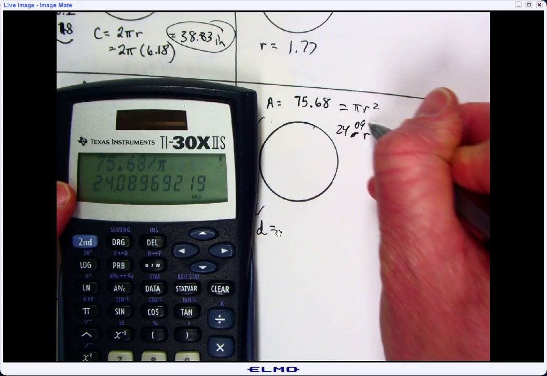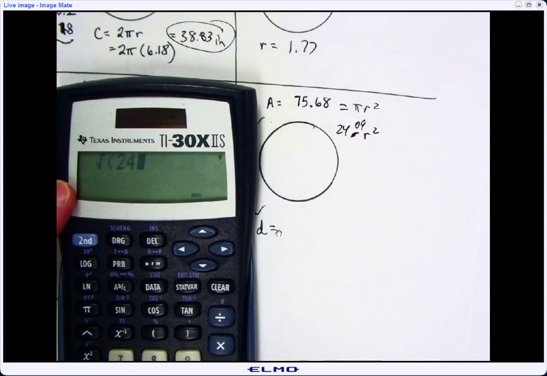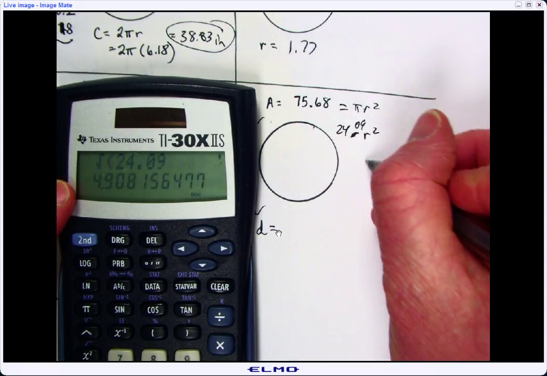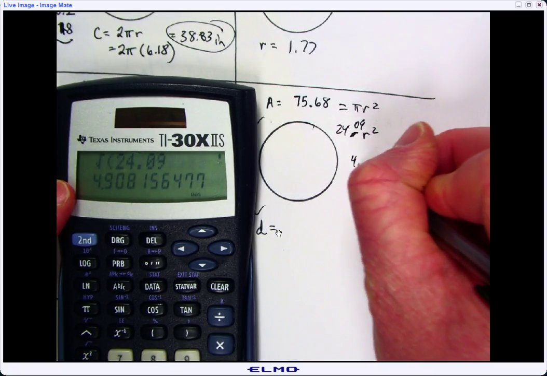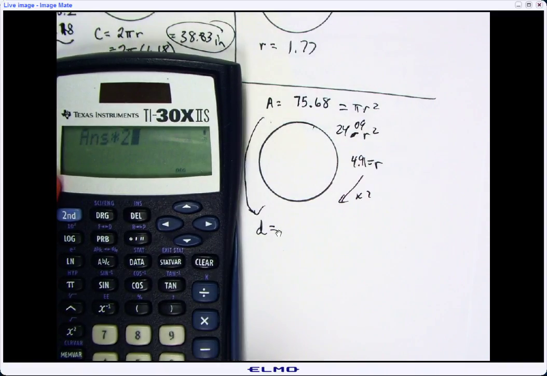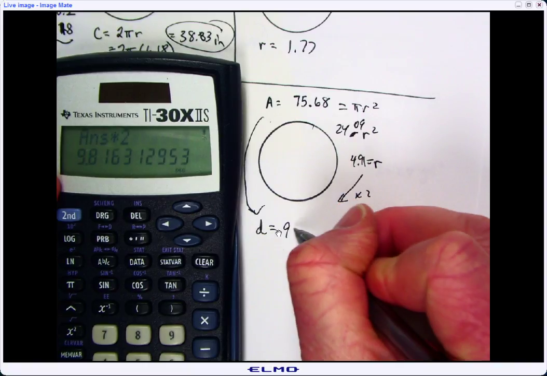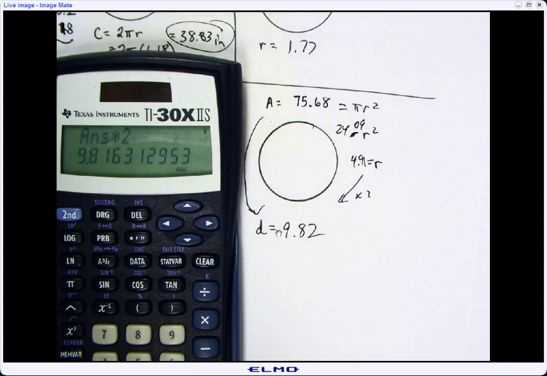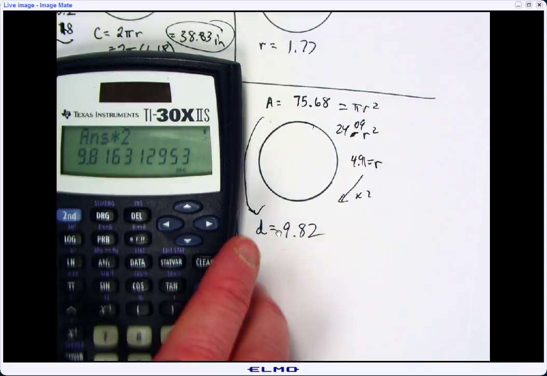Take the square root of 24.09. R equals 4.91. So the radius is 4.91. Multiply that times 2, 9.82. Then you get diameter.